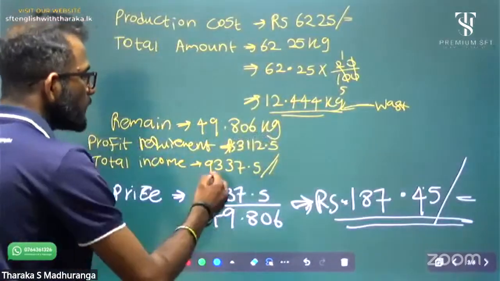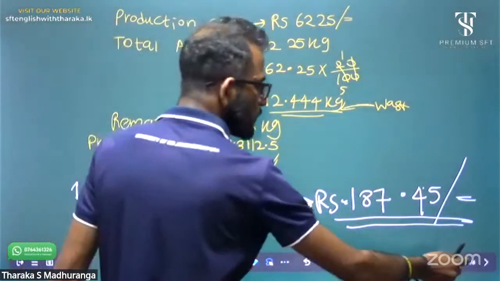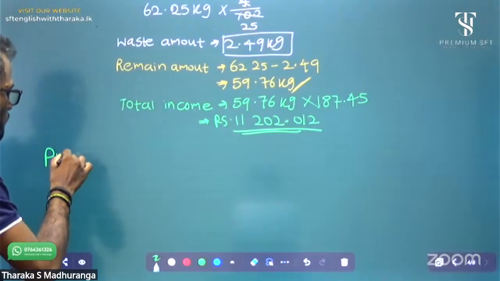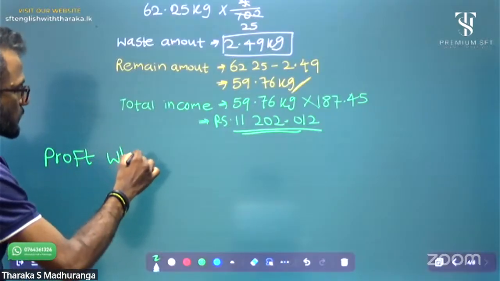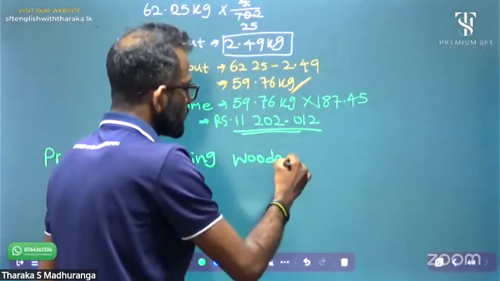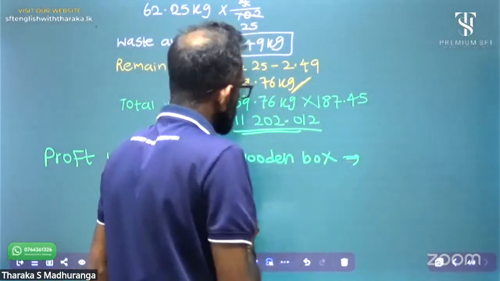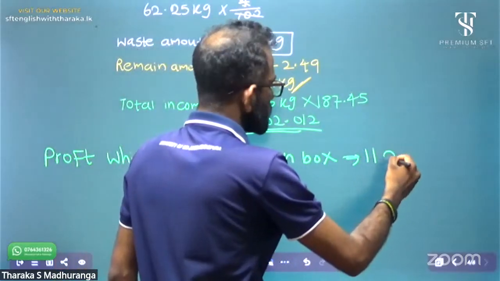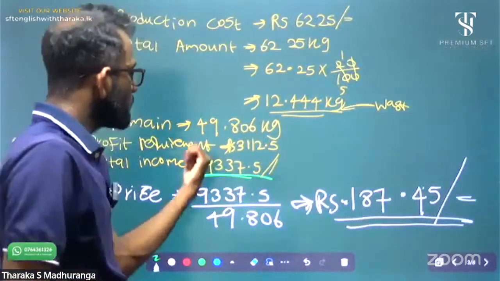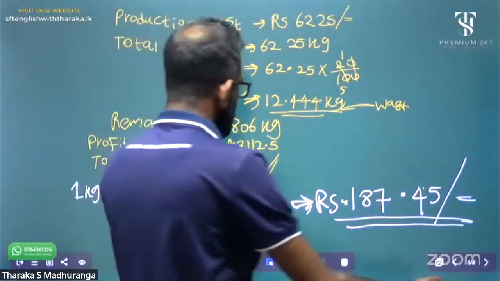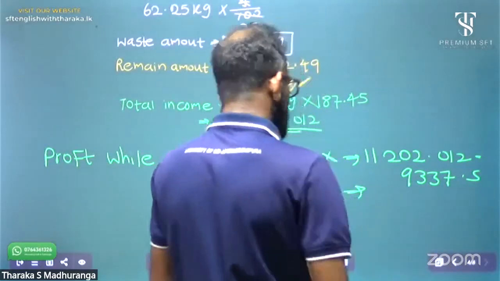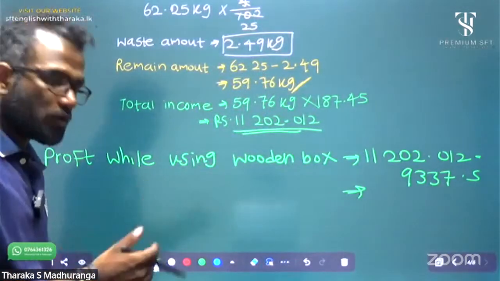Previously, total income was 9,337.5. Total profit while using a wooden box: what's the amount? 11,202.012 subtract the previous income, 9,337.5.